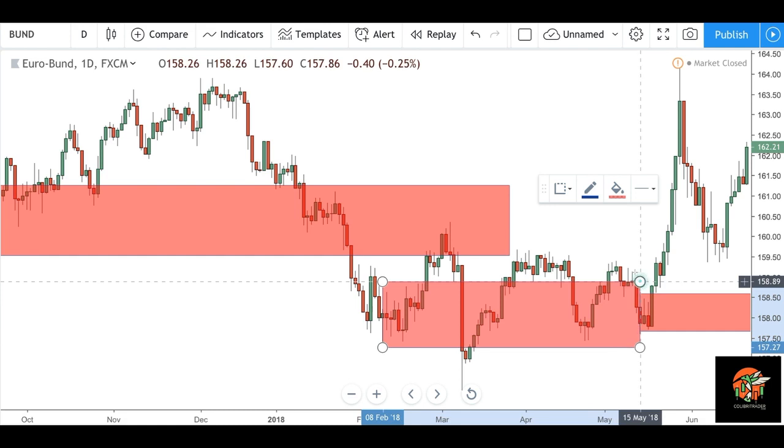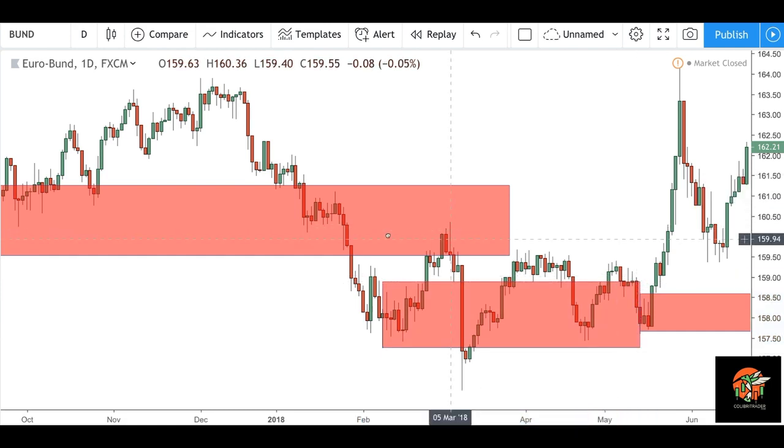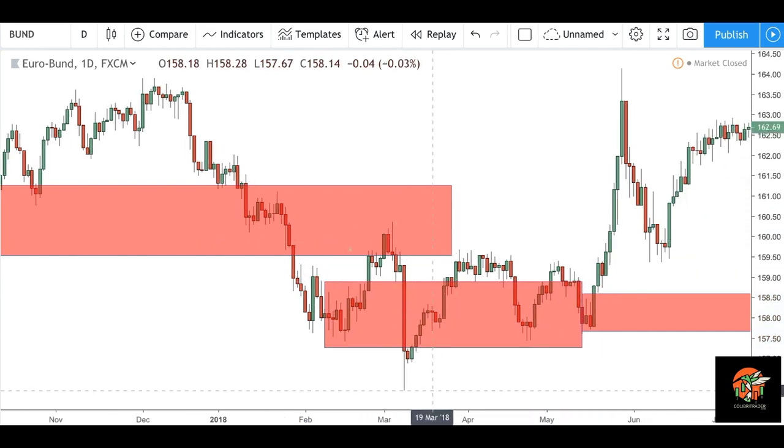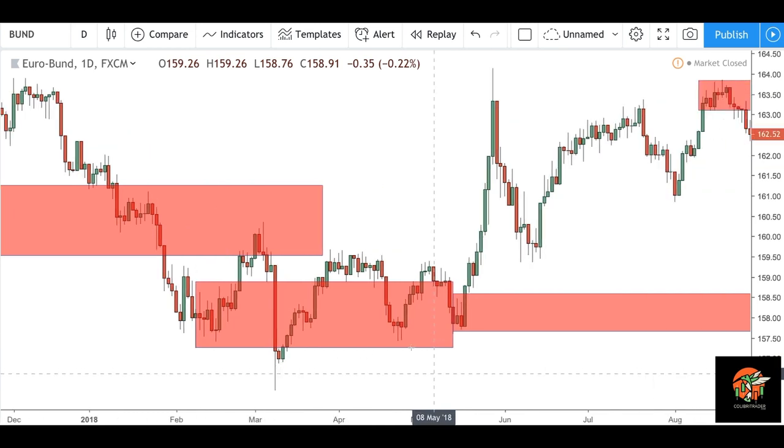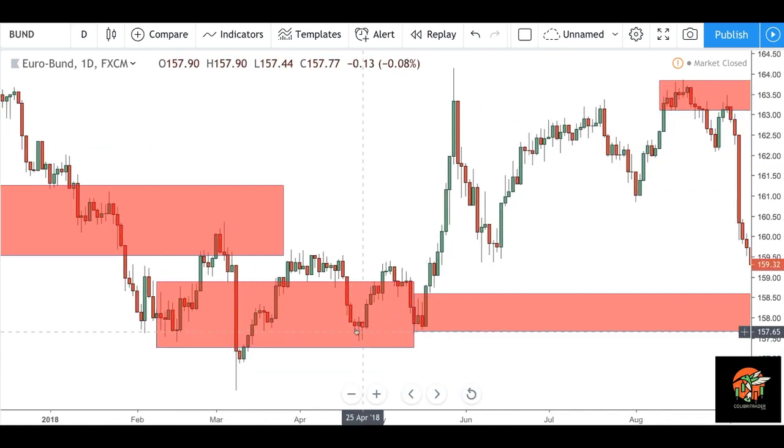It almost coincides with the next level of demand, and you can see again same story. You have this huge bearish candle, after which we have a bear trap here, an inside bar which leads straight to more buying pressure, and then a couple of times this demand zone has been tested again, and then here you have a couple of pin bars.